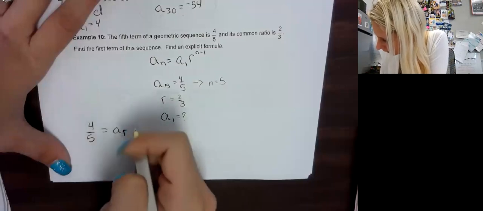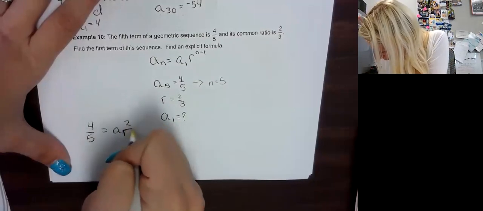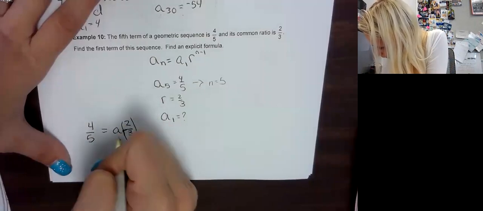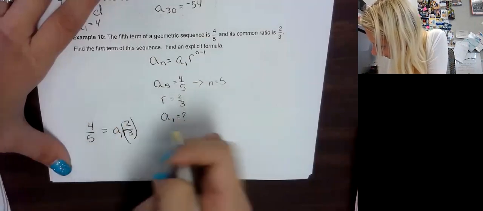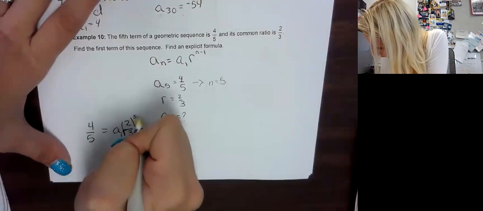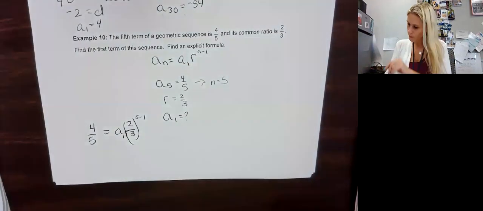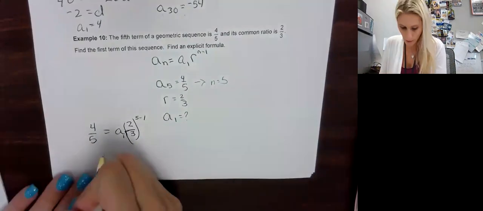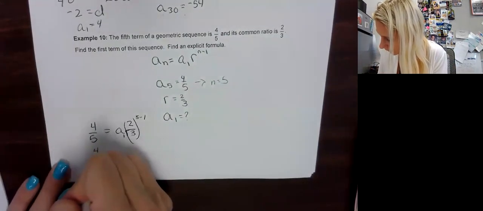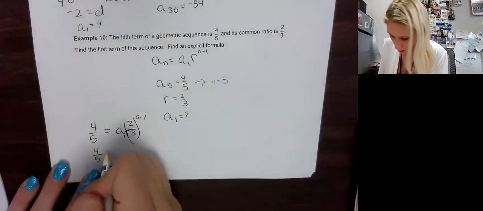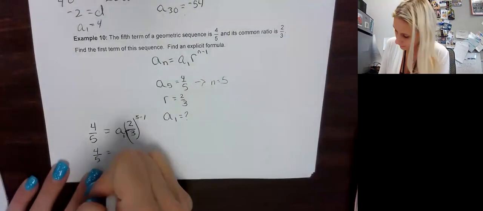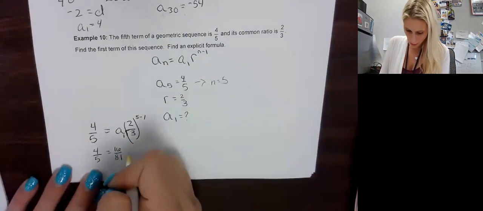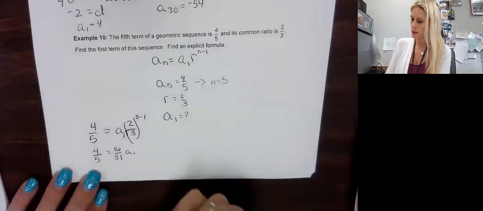Oops. Our ratio is 2/3. And then we're doing it to the n is 5 minus 1. All right, 5 minus 1 is 4. We can do 2/3 to the 4th in our calculator. So we get 4/5 equals, and when we do that in our calculator, you get 16/81 times a subset 1.